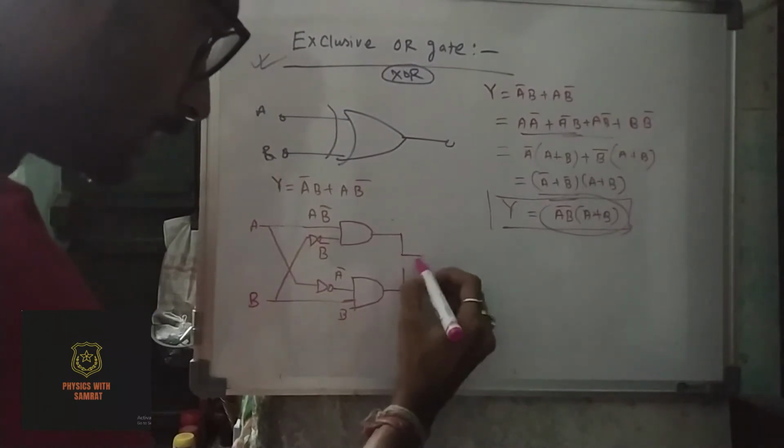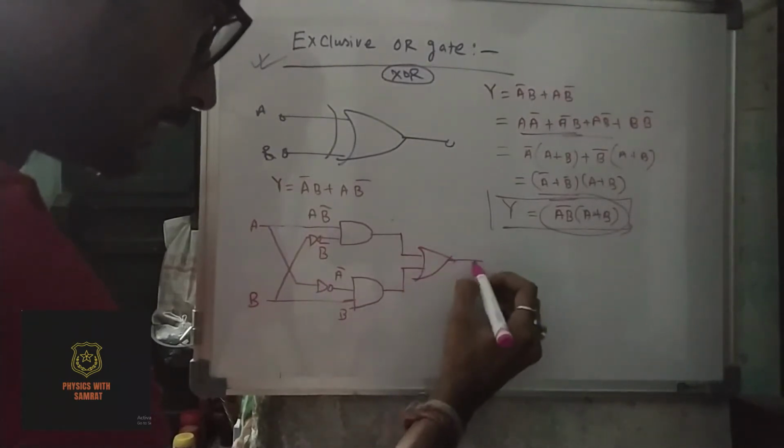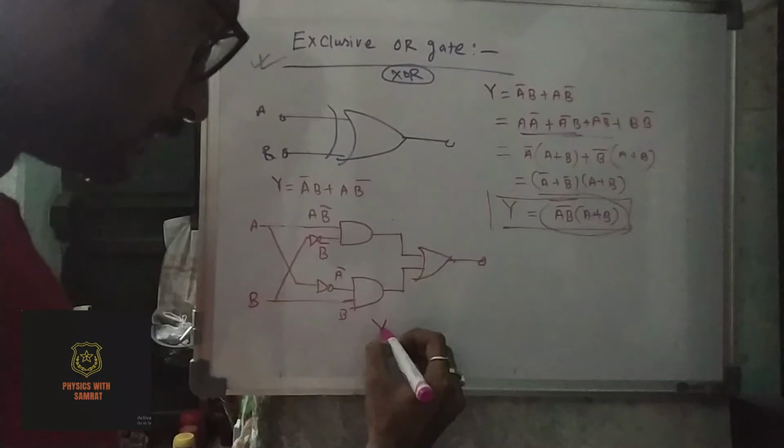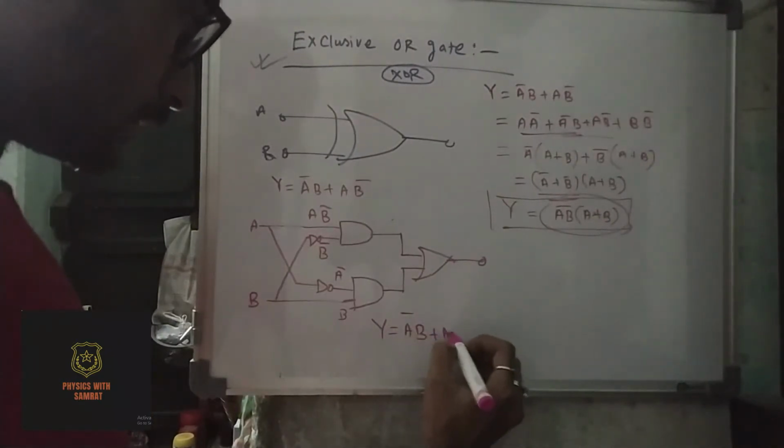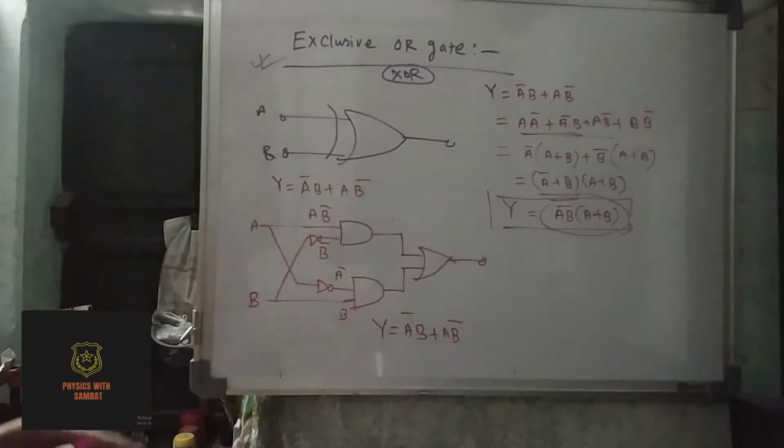And after this add an OR gate, so we get Y = A bar B + A B bar.